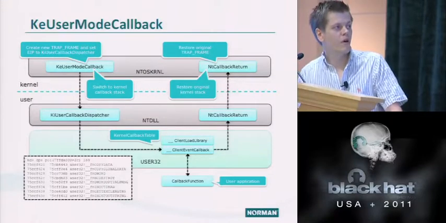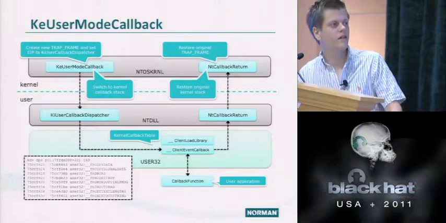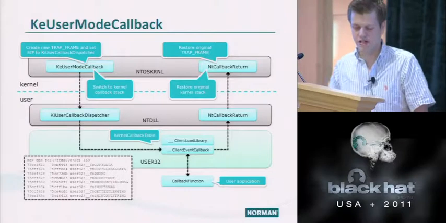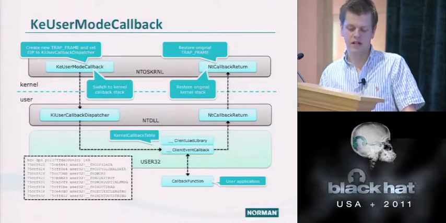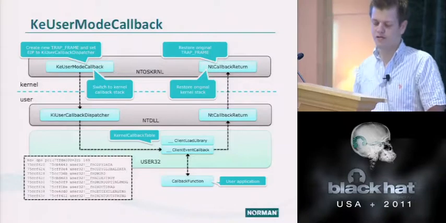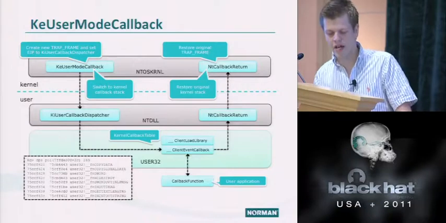So here you can see the callback to the user mode callback. It looks up one of the functions. In this case, the callback was an event callback. So it calls into the application that set this event and then executes the code that the user specifies. This is done in user mode, so this is okay.